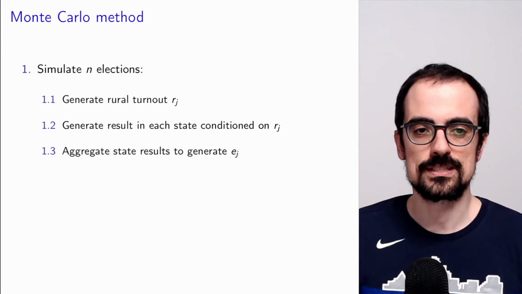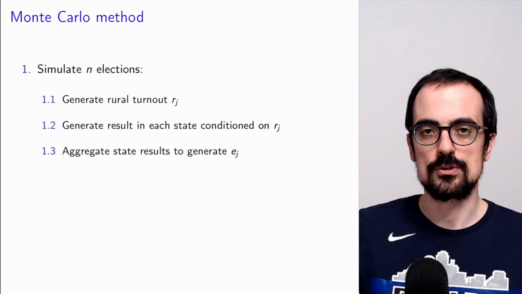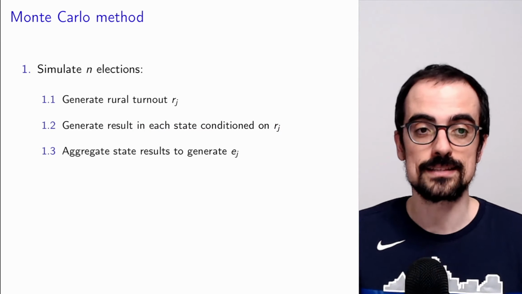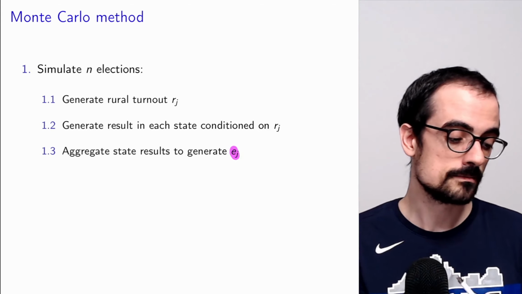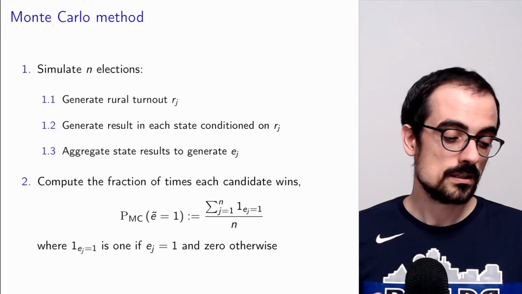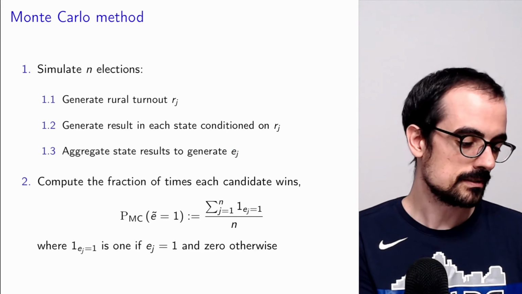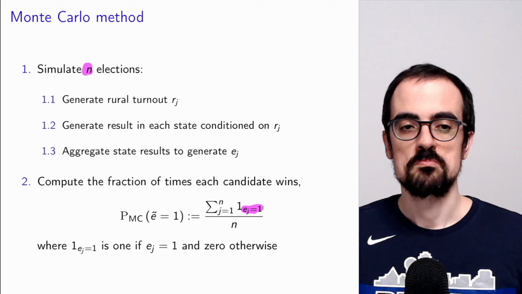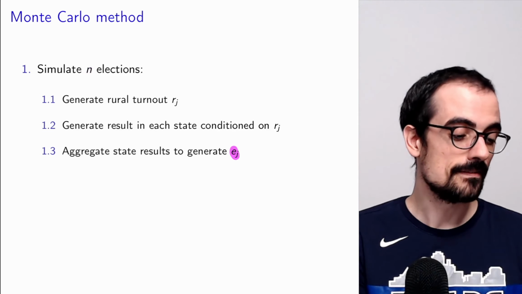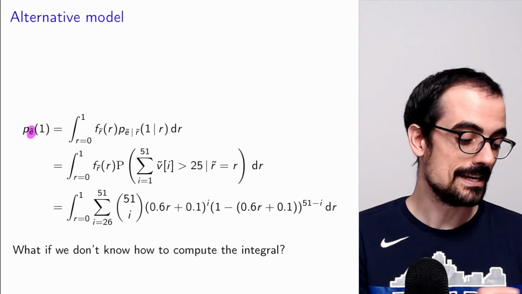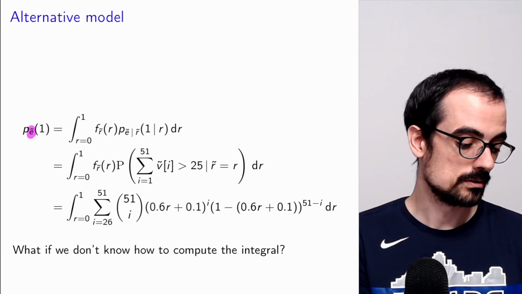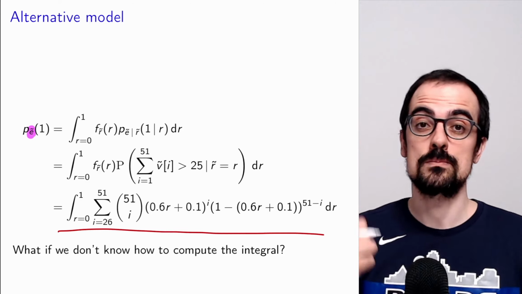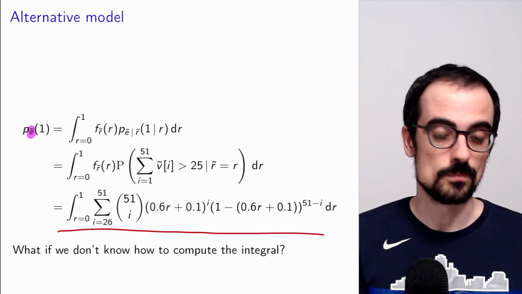We aggregate the state results and see if the Republican candidate wins in more than 25 of the states. If they do, then we set this guy equal to 1. And now we do this n times. We compute the fraction of times that this guy was equal to 1. And this is going to give us a very good approximation, if n is large, to this integral. And this is how we often compute probabilities in practice in probabilistic models.